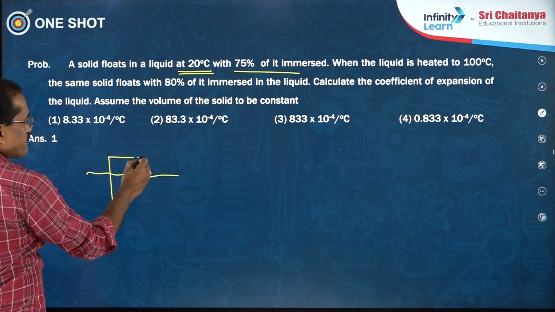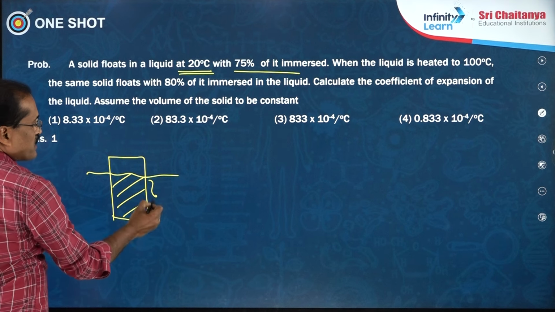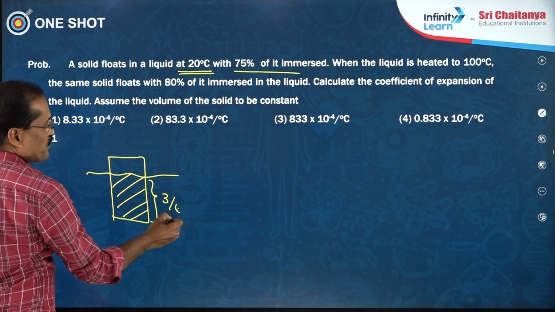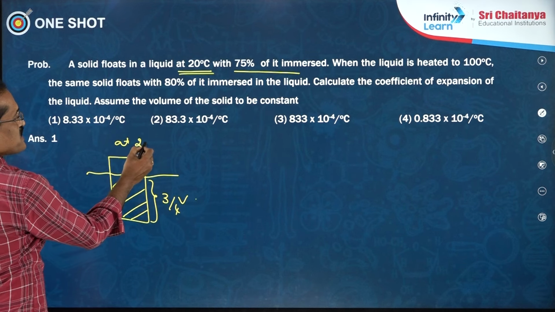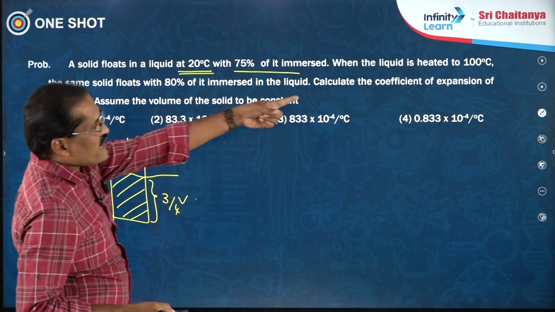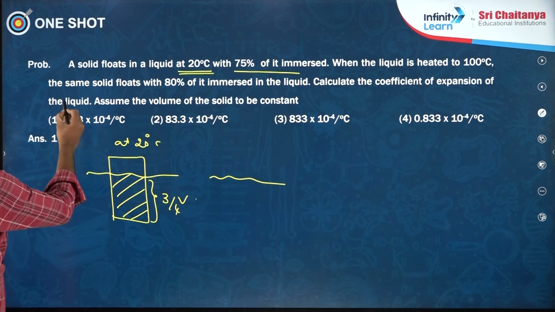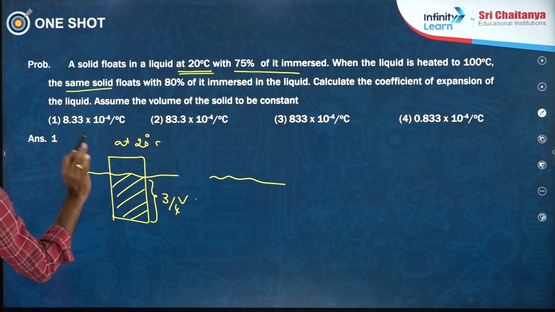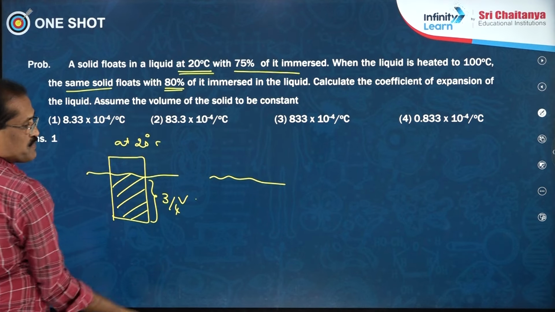That means 3/4 of the volume is immersed at 20 degrees Celsius. Now when the liquid is heated to 100 degrees Celsius, and the same solid, that means solid expansion is ignored here, the same solid floats with 80% immersed.